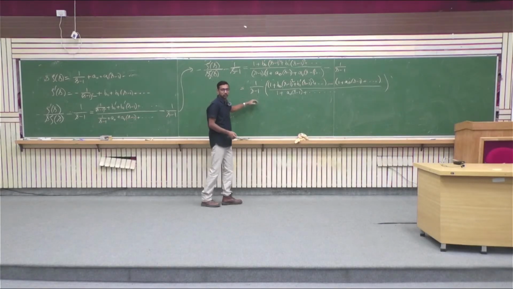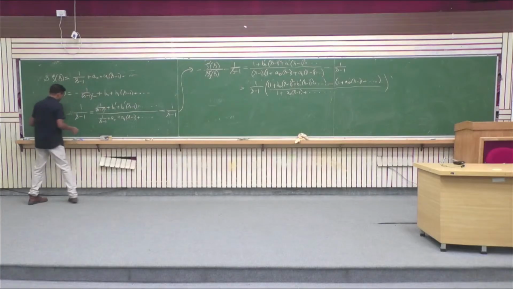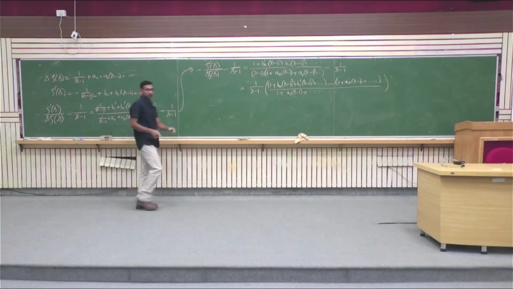That's what I wanted to show, that this one has a pole of order 1 with residue 1 at 1, which cancels with this one.